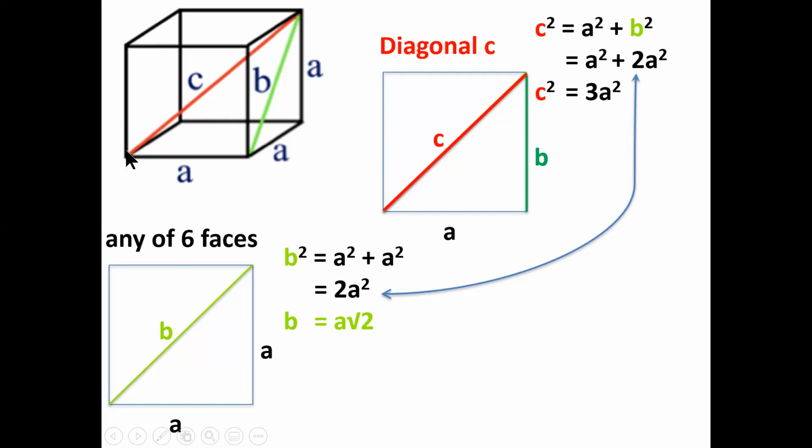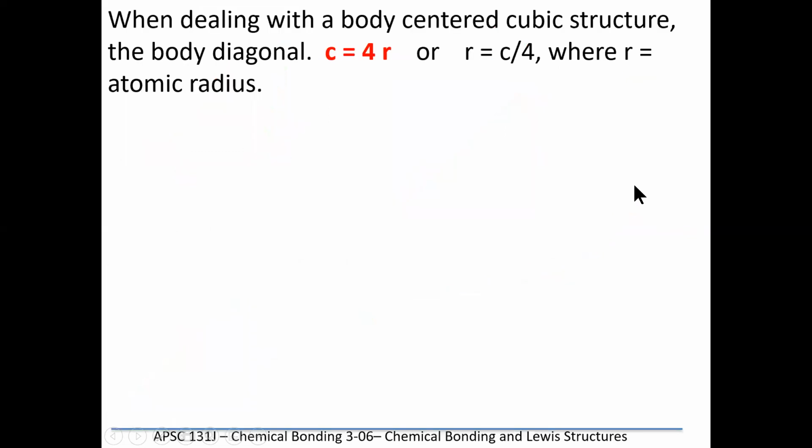C being the diagonal that goes from one end of this cube to the other end of that cube. So if we take the square root of both sides, we get the square root of C squared is C, and the square root, of course, of 3A squared is A times the square root of 3, or the square root of 3 times A. Either way, you can write it. So there's the simple math we're going to be using to solve these problems.